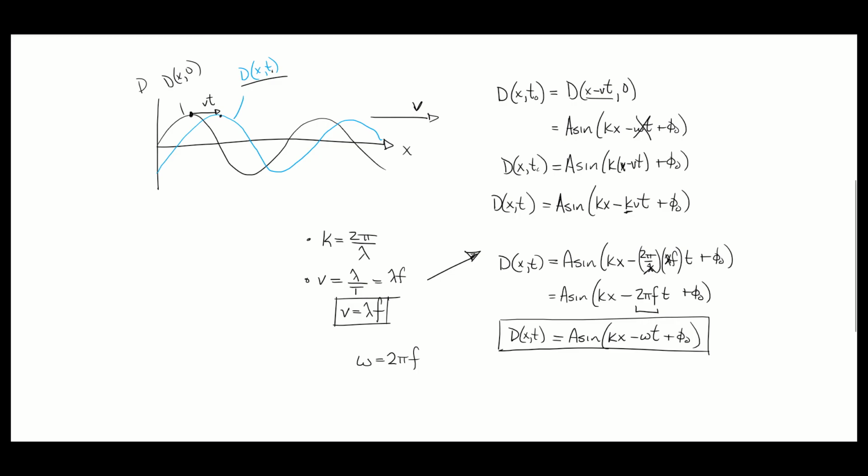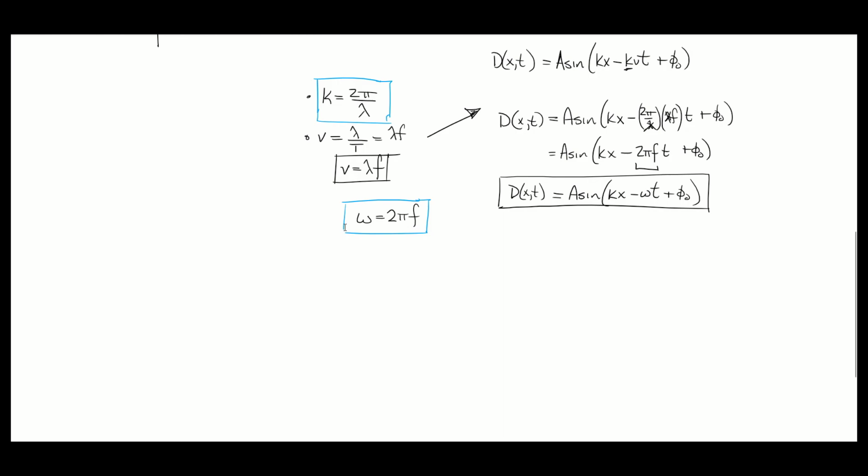We have angular frequency, which is the same definition we've had when we've run into it before, 2 pi times the regular frequency. We have wave number, k, which is 2 pi over lambda. And this all comes together nicely in our wave model that we're going to use to describe all waves.